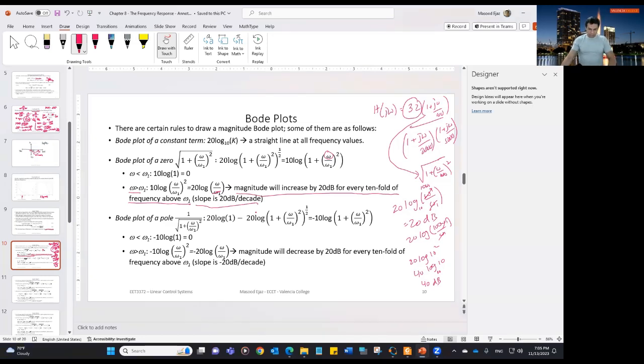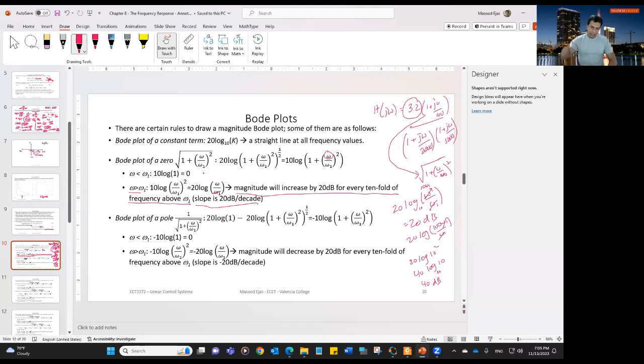Any question about this? If anything is confusing, please ask me. Is that clear? Everyone is clear? If we increase the frequency every 10-fold, the slope of the line that you're drawing for this function will be 20 decibels per decade.